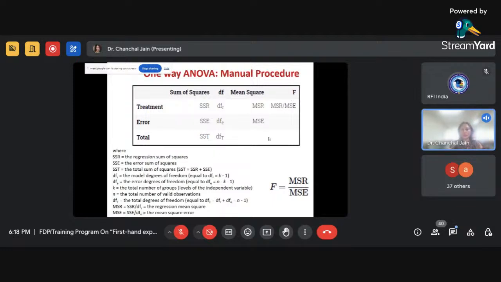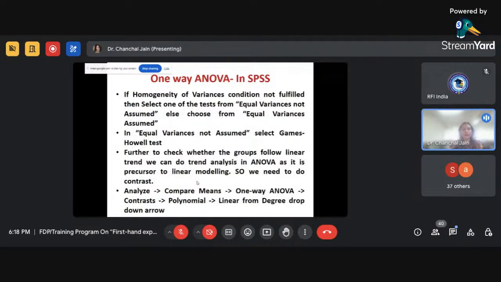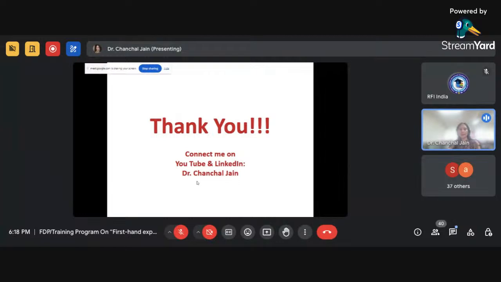We will see this when we move to the output of ANOVA. How to perform one-way ANOVA in SPSS? This is the procedure. So rather than reading, we will see how to perform it, right? So I think this is about the one-way ANOVA.